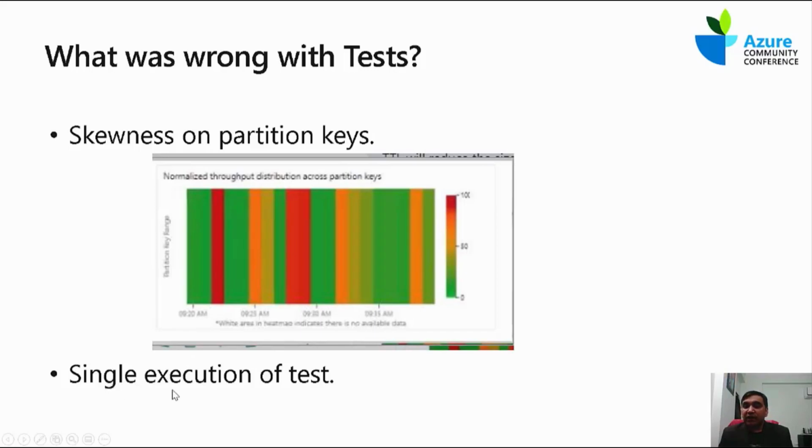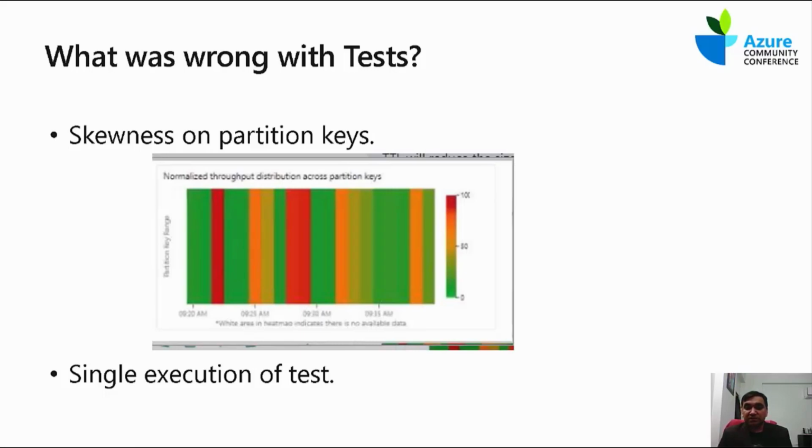The second point I would like to highlight is single execution of a test. It's a tendency I've seen across various customers that when they want to perform a load test, they configure Cosmos DB, immediately bombard it with load, and then come back.